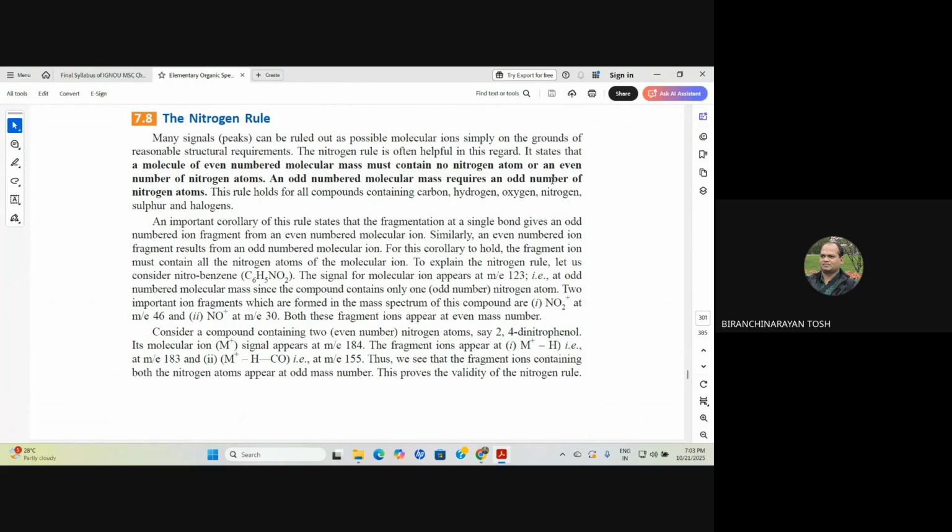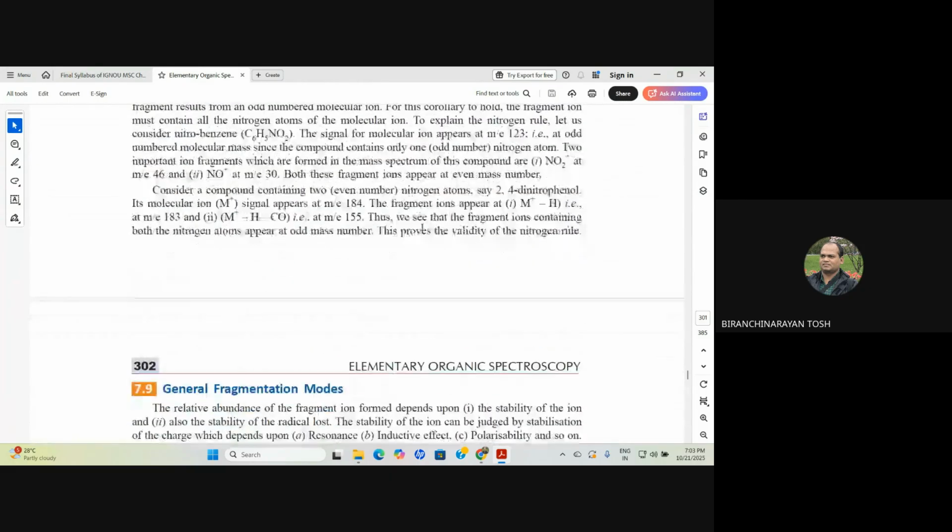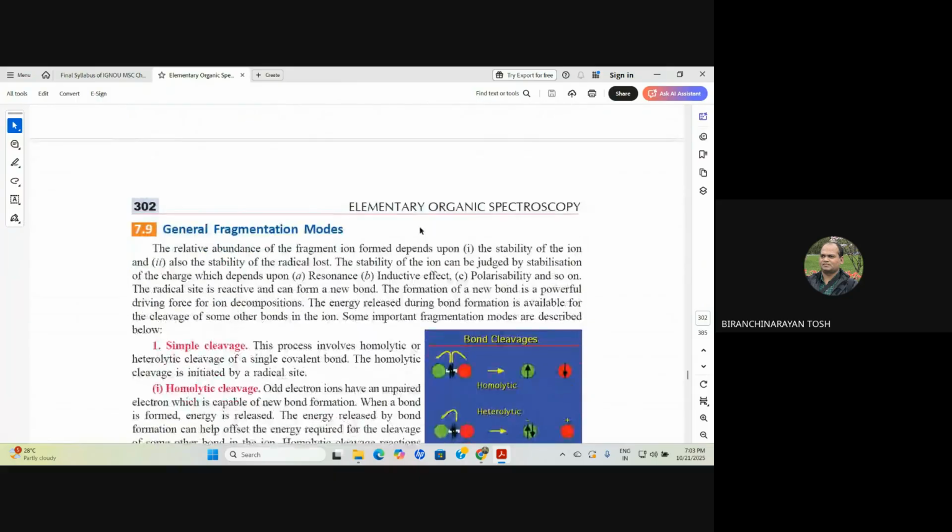So if the molecular mass of the molecular ion is even, then it may not contain any nitrogen or it may contain an even number of nitrogen. If it is odd, then it contains only an odd number of nitrogen atoms. So that's the nitrogen rule.